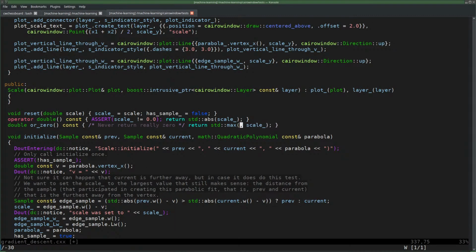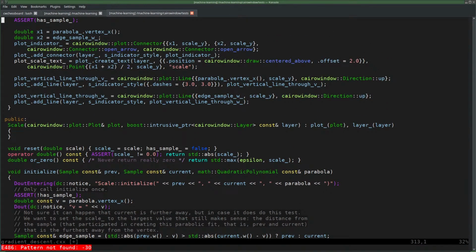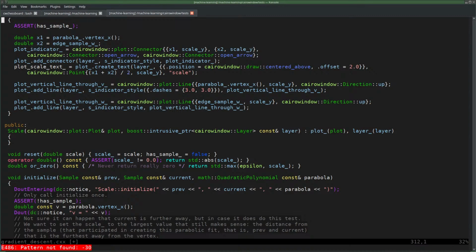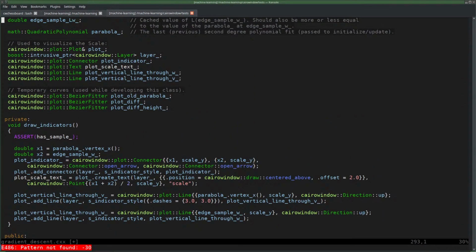So here I can put an epsilon. And do I have another one? No, that's it. Then we need an epsilon to be defined in global scope.